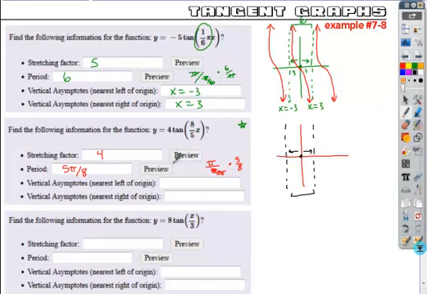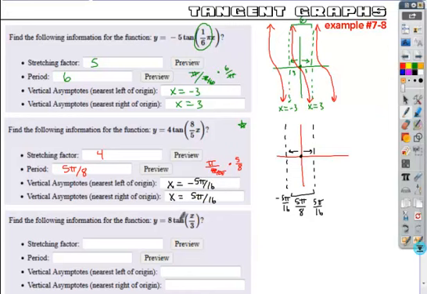If we know that the total period is 5 pi over 8, what's half of that going to be? Remember, if you take half of it, you multiply by 1/2. So this is going to be 5 pi over 16, which means this is going to be negative 5 pi over 16. So there's our two asymptotes. To the left of the origin is the negative, so negative 5 pi over 16. And to the right is positive 5 pi over 16.